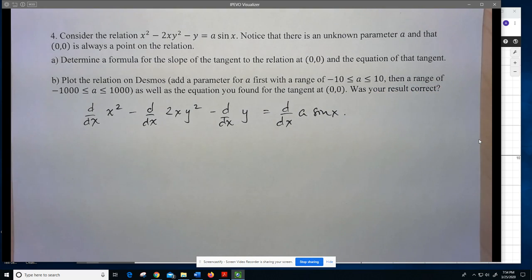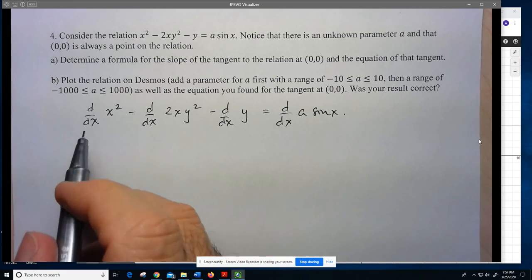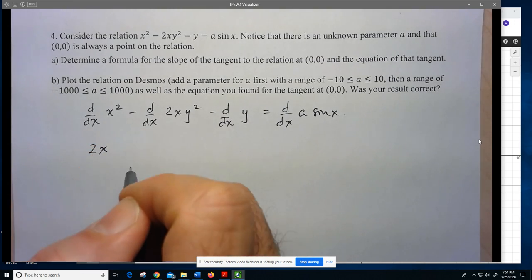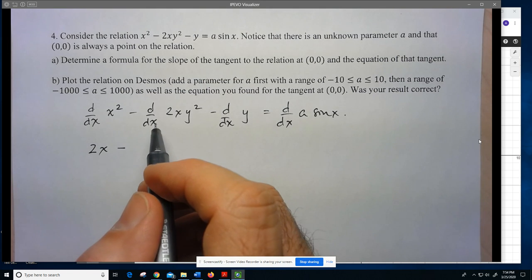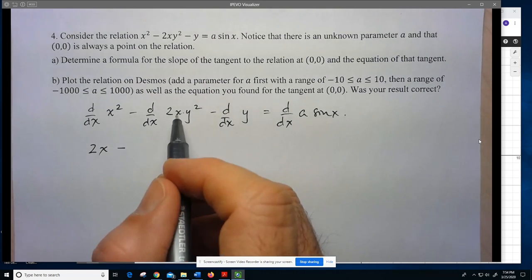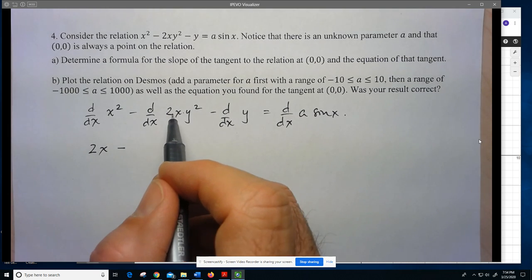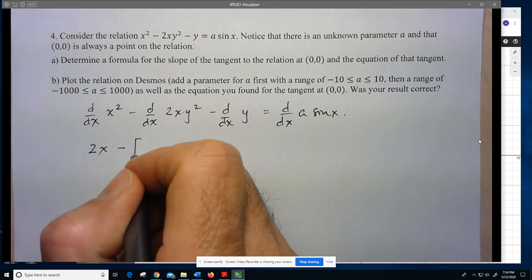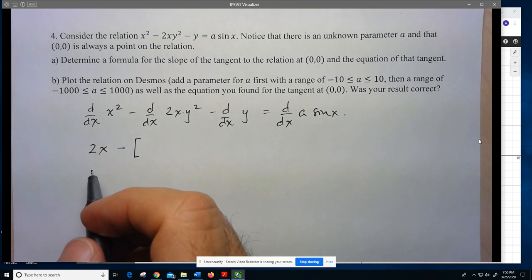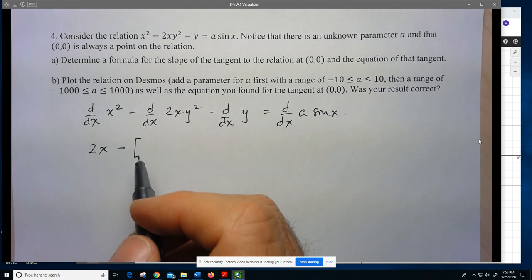All right, so we've got a couple of easy ones here, namely this first one. The derivative of x squared with respect to x is just 2x, nice and easy. Minus, this is where we have to be careful, because we've got 2x times y squared, so we're going to have to use the product rule here. Let me use brackets to make sure I don't forget to apply that negative to everything that comes out of that derivative.